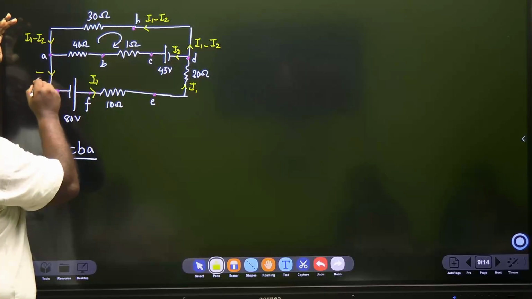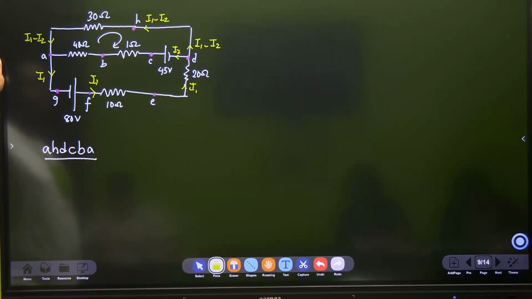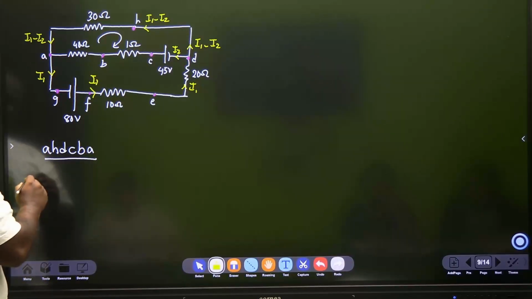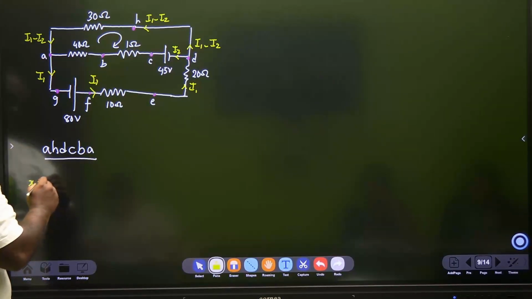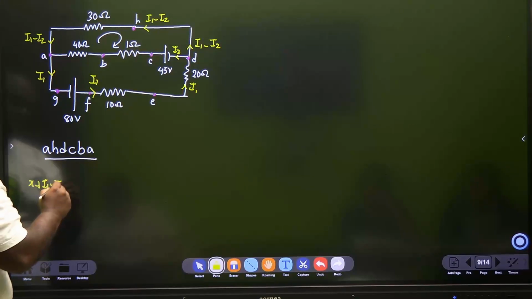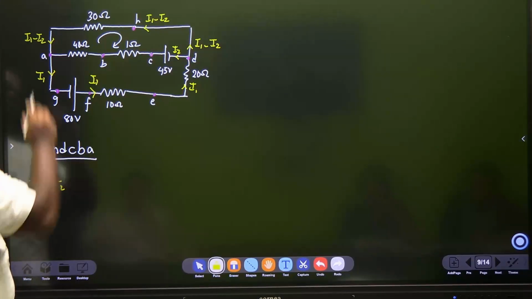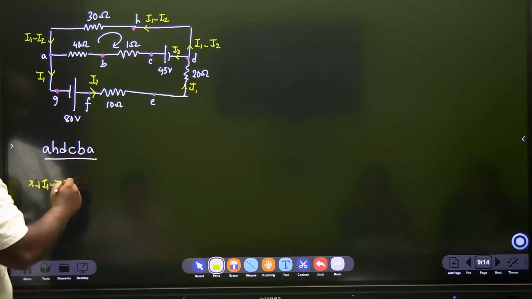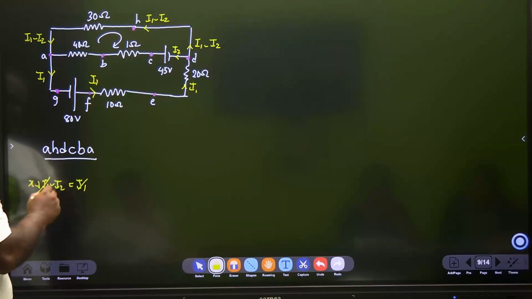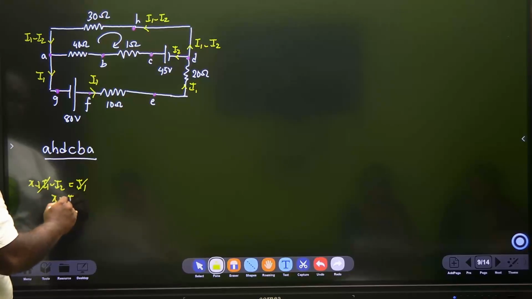In this direction, I1 has come. In this direction, I1 has come. So what should come here? You only check. Say this is x plus I1 minus I2. x plus I1 should be equal to I1. So I1 and I1 cancel. So x should be equal to I2.